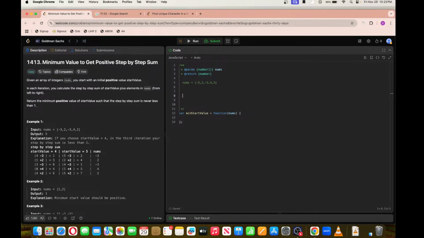Interesting question though. If start value is x, then it will be x minus 3, plus 2, x minus 3, minus 3. So first of all I would want to do the total calculation.